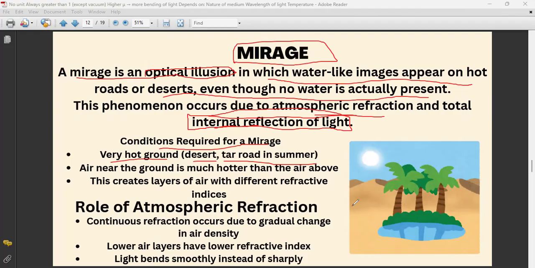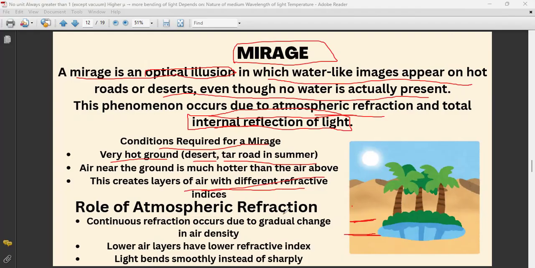This creates layers of air with different refractive indices. Similarly, as with the different atmospheric layers, which have different refractive indices, here the hotter air near the surface of the earth is much hotter than the air above the surface. So this creates a different refractive index.